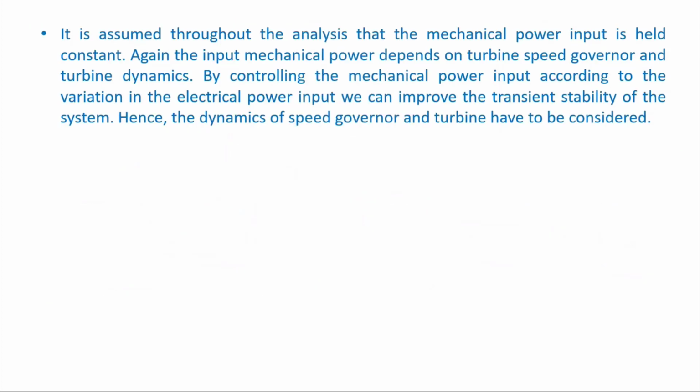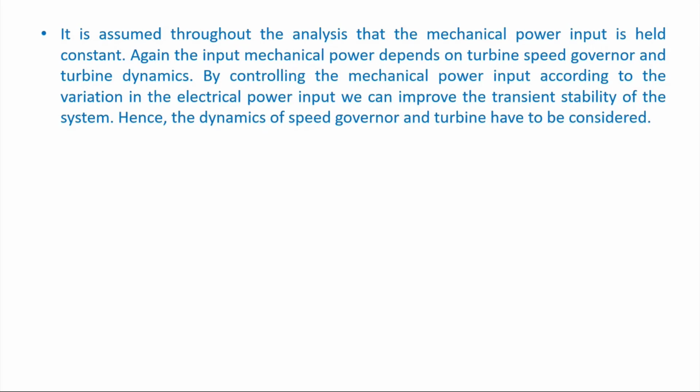It is assumed throughout the analysis that the mechanical power input is held constant. Again, the input mechanical power depends on turbine speed governor and turbine dynamics, which is very, very important and essential to consider. By controlling the mechanical power input according to the variation in the electrical power output, we can improve the transient stability of the system.